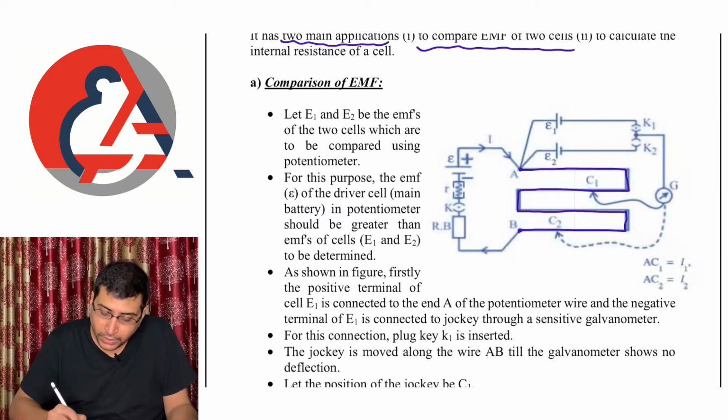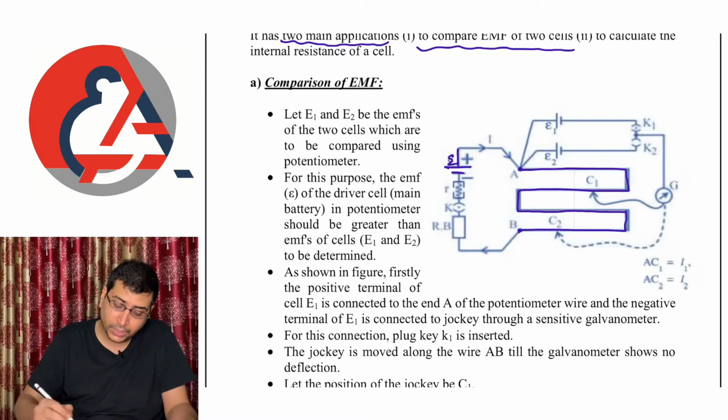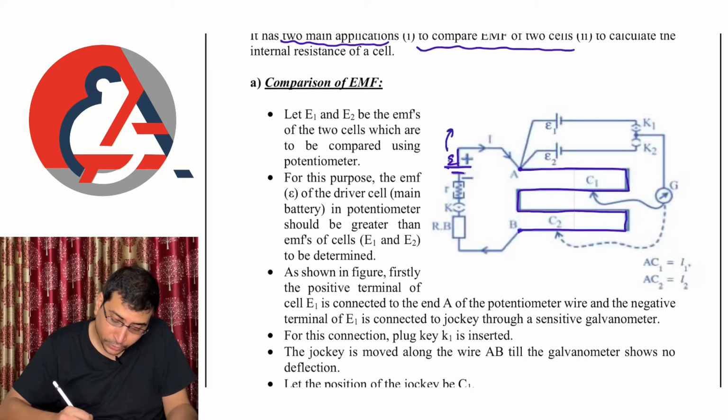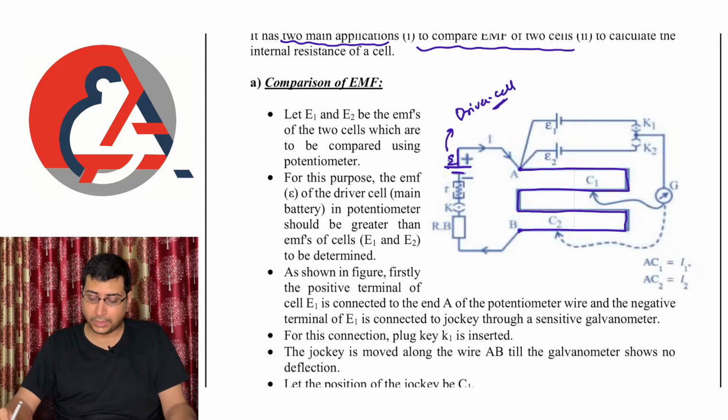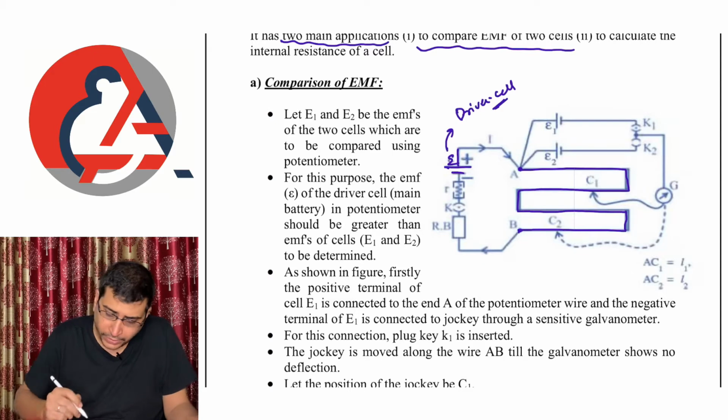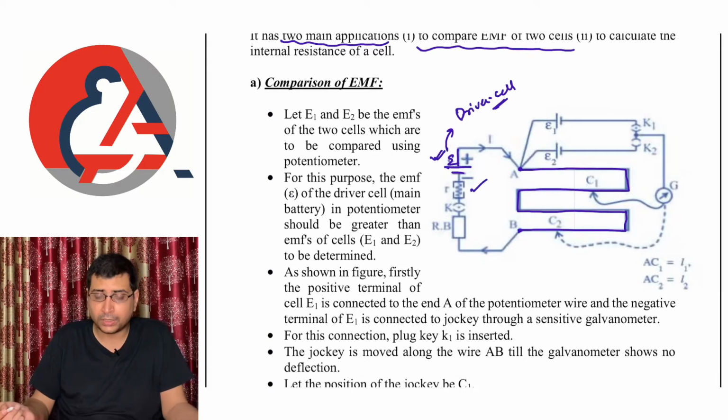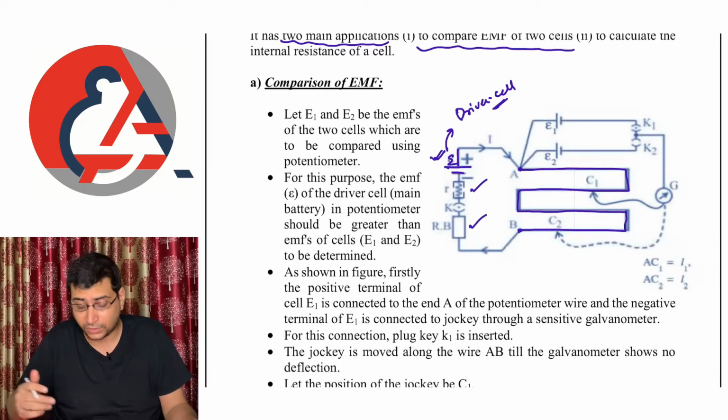Now the terminal A is connected to a cell of EMF E, and the name of this cell is called the driver cell. Then, like how we saw in the principle, the driver cell is going to have the internal resistance R and it is connected across an optional resistance box along with a key to control.